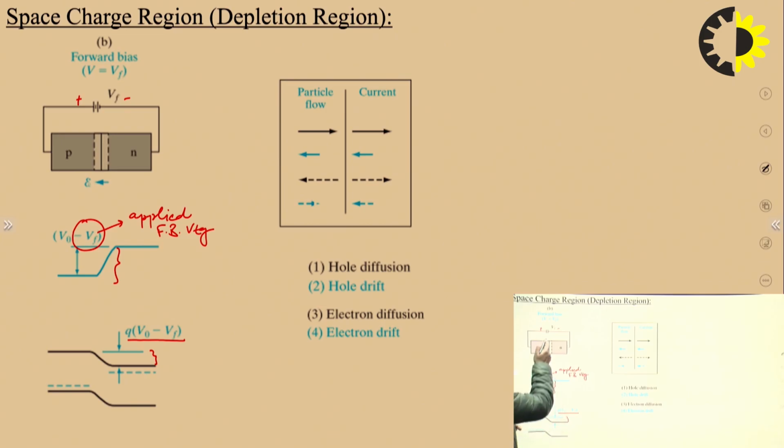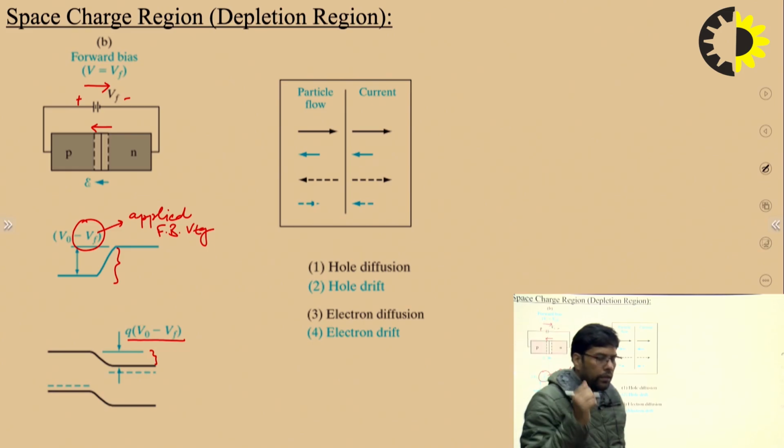Because in the case of forward bias, the direction of the electric field due to the depletion region is always from N to P, while the electric field due to the externally applied voltage is from P to N. The resultant electric field will be reduced due to the applied forward bias voltage. That's why this depletion region is getting reduced.